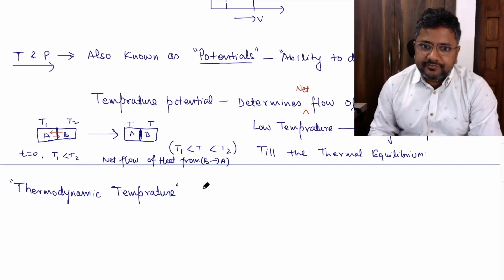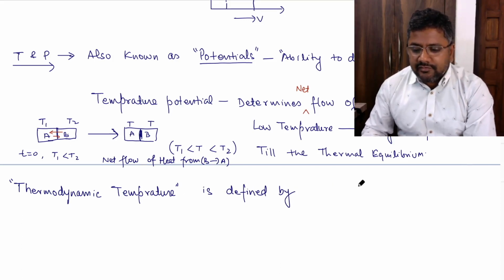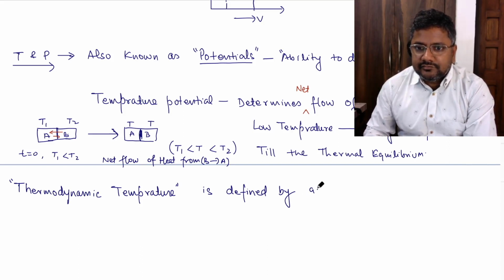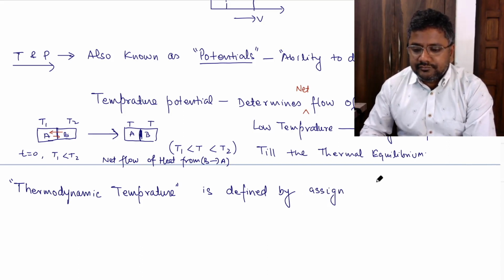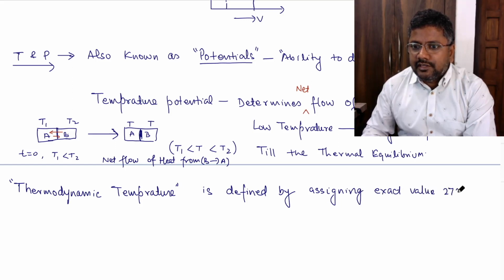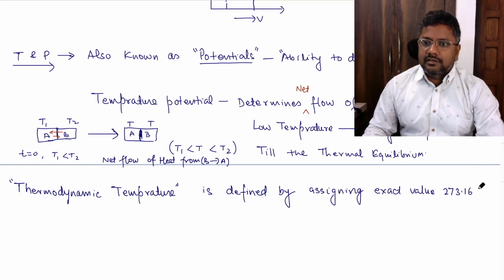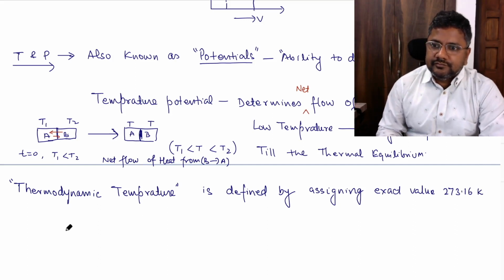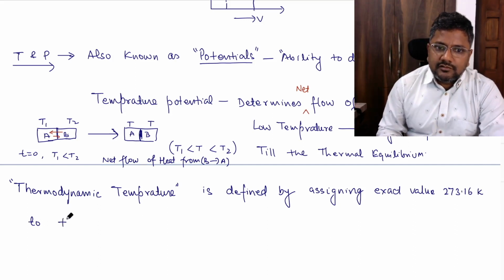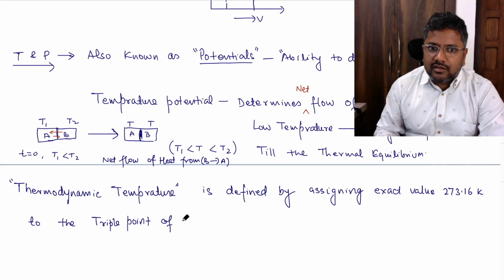Thermodynamic temperature is defined by assigning the exact value 273.16 Kelvin to the triple point of water.